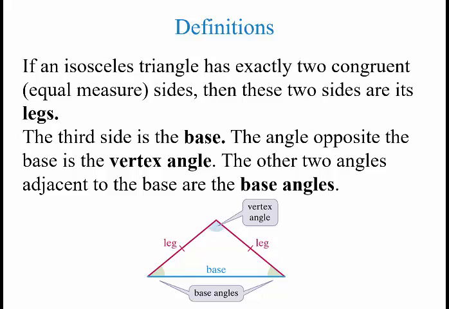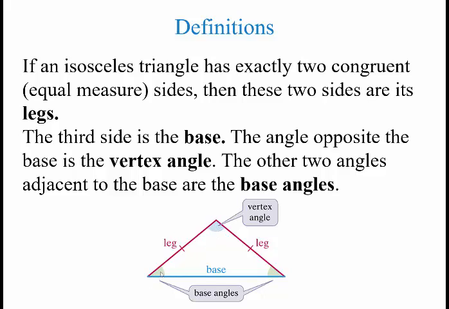All right, so some definitions. If an isosceles triangle has exactly two congruent, equal measure sides, then these two sides are what we call the legs. On this triangle, these two sides are congruent, and they are classified as the legs of the triangle. The third side here in blue is what we call the base. The angle opposite the base is what we call the vertex angle.